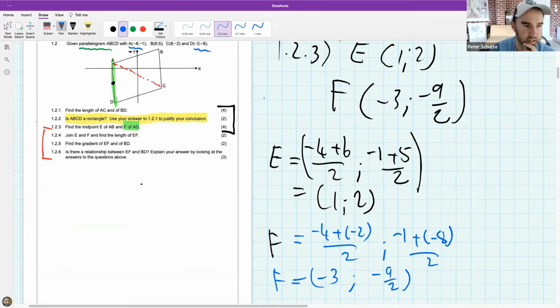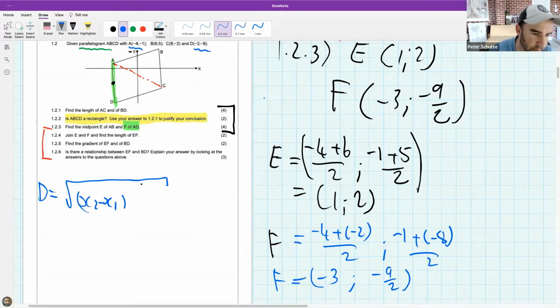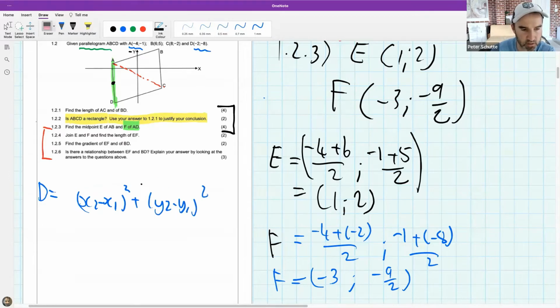Mr. S? Yeah. I'm sorry, do you mind giving the distance formula again? Because there is a question about 1.2.1. So the distance formula is basically the change in X squared plus the change in Y squared, then square root.